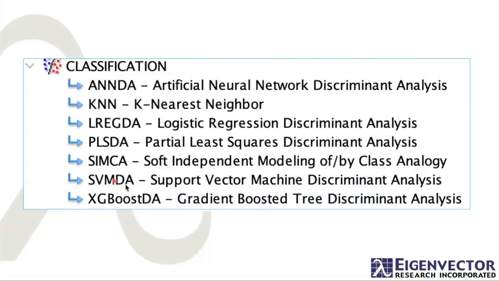Then I'll do SVMDA, to switch over and show you how to change methods and how everything works together. Everything's kind of under a similar metaphor. Donald will take over at the ANN and the XGBoost part and the logistic regression.